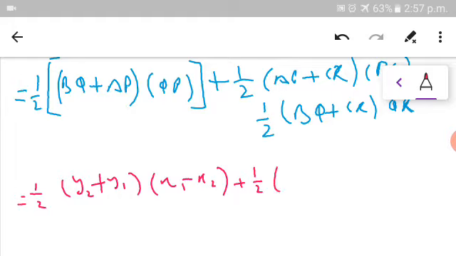What is AP? That is y1. What is CR? That is y3.